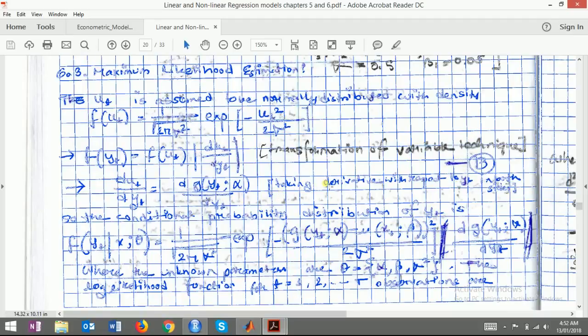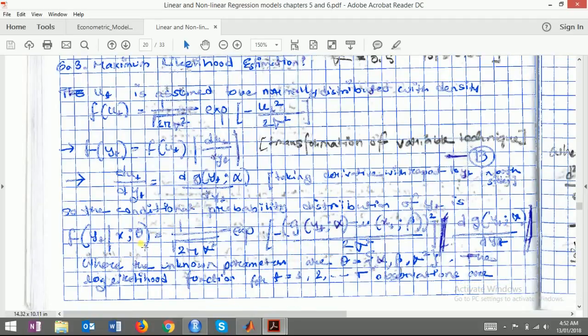So the conditional probability distribution of yt becomes f of yt conditional on x for all parameters theta equals 1 by root over 2 pi sigma square, exponential of minus g of yt, alpha, which is the nonlinear function for the dependent variable, minus mu of xt, beta, which is the nonlinear function of the independent variable, squared, divided by 2 sigma square.